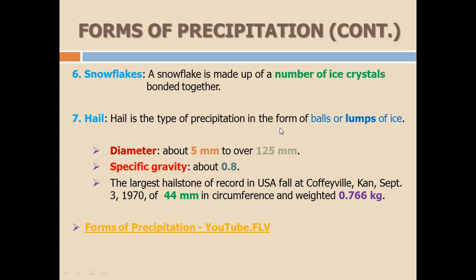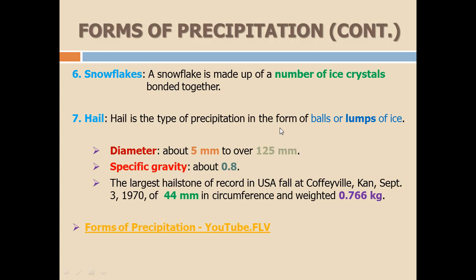What is a snowflake? A snowflake is made up of a number of ice crystals bonded together. Snow crystals bonded together, coming down from the clouds towards the earth, are known as snowflakes. Hail is the type of precipitation in the form of balls or lumps of ice, and these are in a very compressed form.